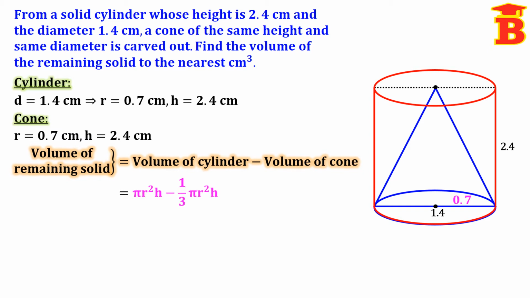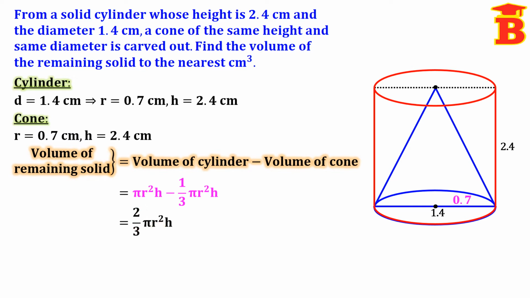This is equal to, write the formula, volume of cylinder is pi r squared h minus volume of cone is 1 by 3 pi r squared h. Taking 3 LCM, we get 3 minus 1, that is 2 by 3 pi r squared h.